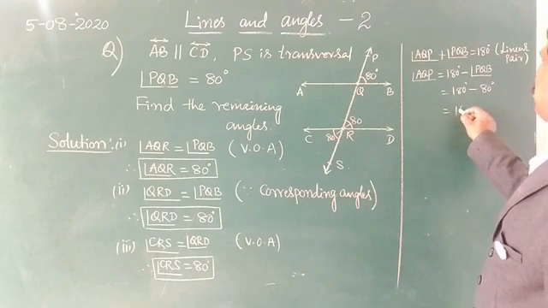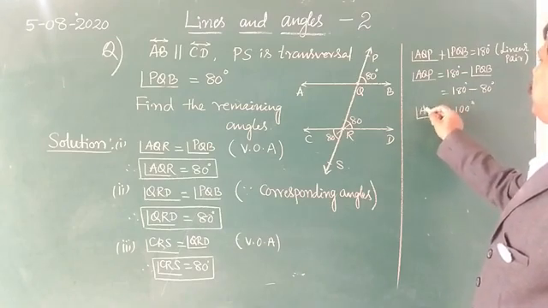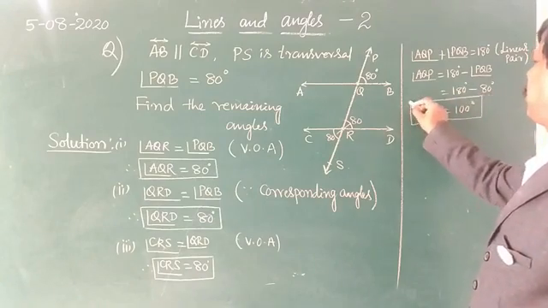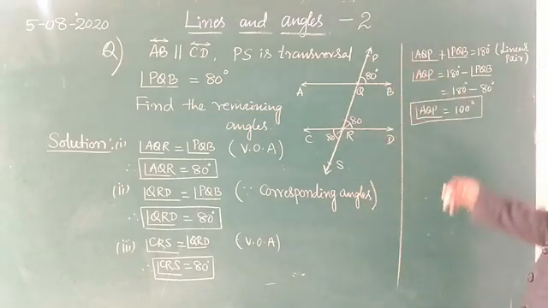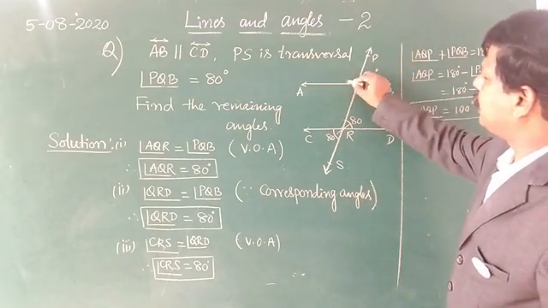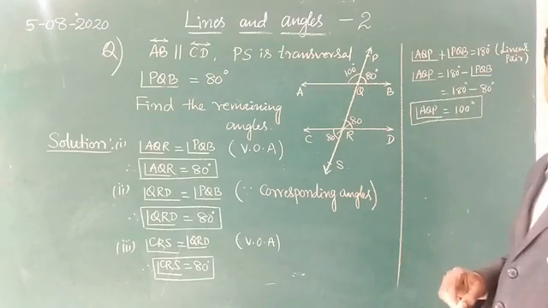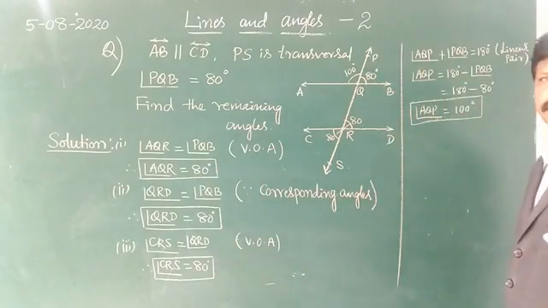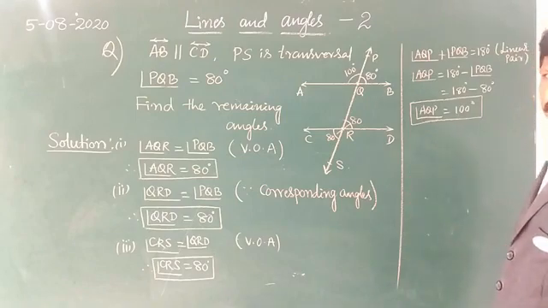So this is 100 degrees. So angle AQP is 100 degrees. So like this you should proceed. Then after knowing this angle 100 degrees, you can write down the remaining 3 angles like this. Are you writing that? I will stop here only.